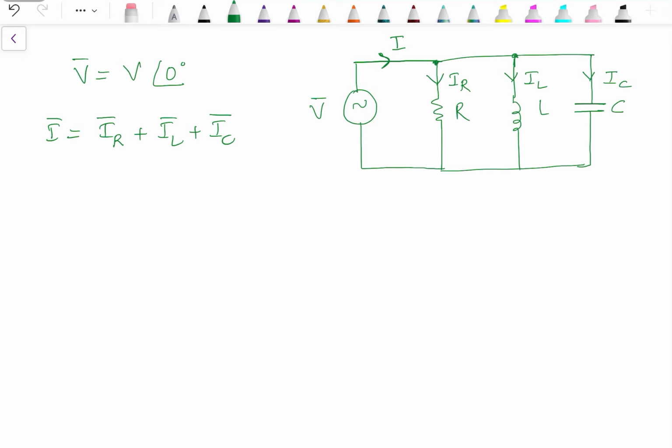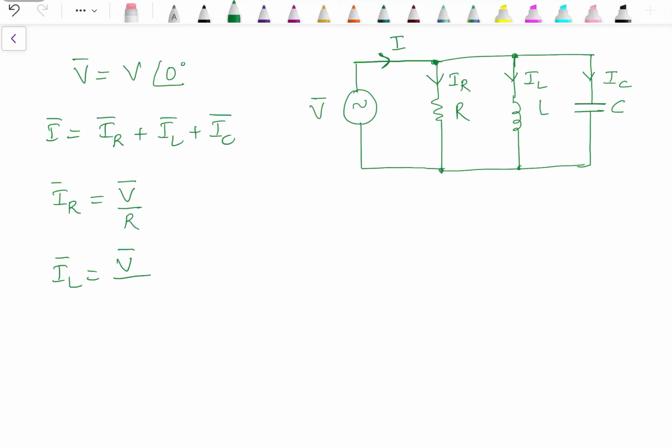So if you want to find out the value of IR, then IR will be equal to voltage across this resistance divided by resistance, so V upon R. Then we have current through the inductor. Again, it is equal to voltage across this inductor, which is V upon the reactance of this branch.